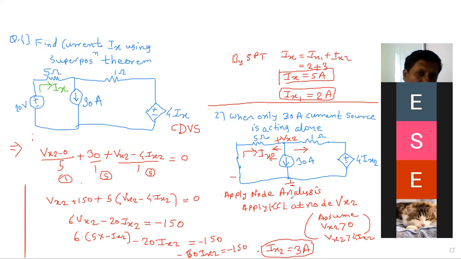If Ix2 is wrong, Ix will come wrong and you will lose some marks. Okay, so this was the example based on type 2. In the next lecture we will discuss Thevenin's theorem.